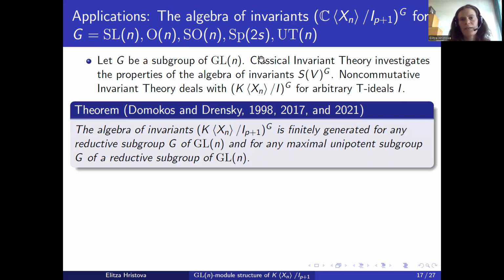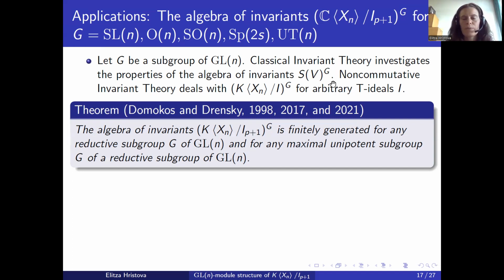Let me say here that in classical invariant theory, one takes the symmetric algebra S of V, and then discusses the algebra of G-invariants for different classes of groups G. And for example, one big question is for what classes of G this algebra of invariants is finitely generated. So this was asked by Hilbert, and the famous Hilbert-Nagata theorem says that when G is a reductive group, then this algebra of invariants is finitely generated.